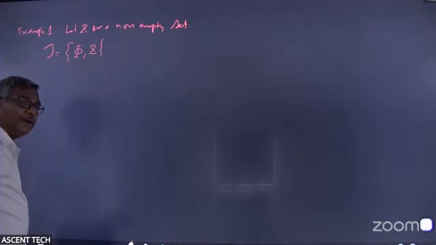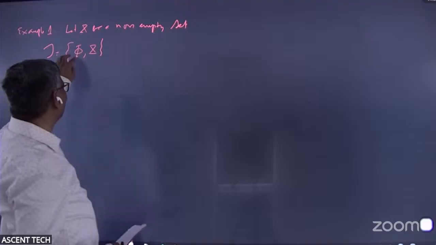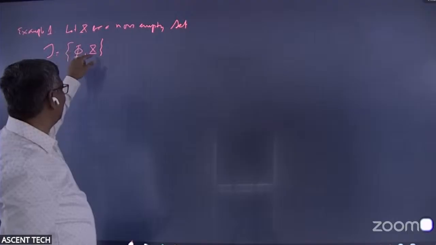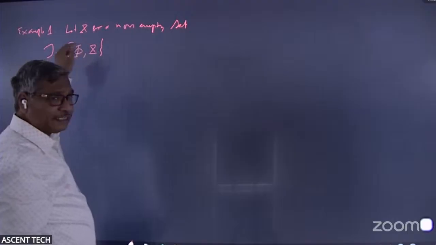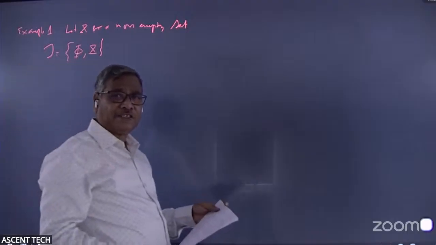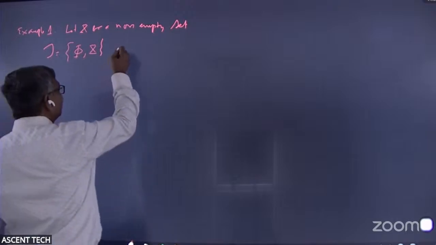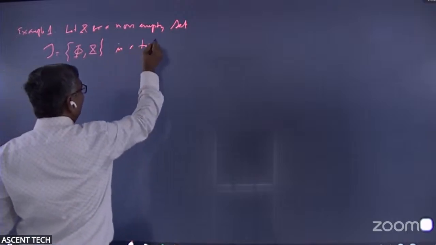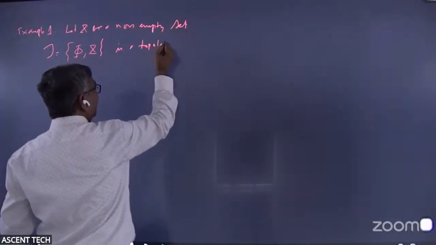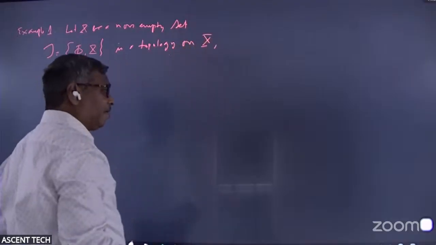Both of them are in T, and their union is X. If I take both the sets to be the empty set, the union of empty set and empty set is empty set; empty set union X is X; empty set intersection empty set is empty set; X intersection X is X. I think T satisfies all three conditions of the topology. Therefore, this is a topology on X. It's called the indiscrete topology of X.